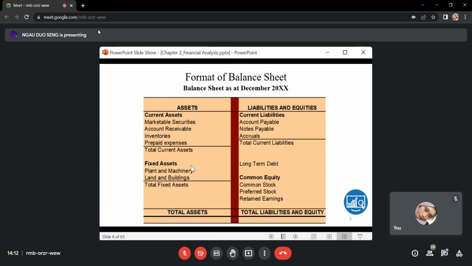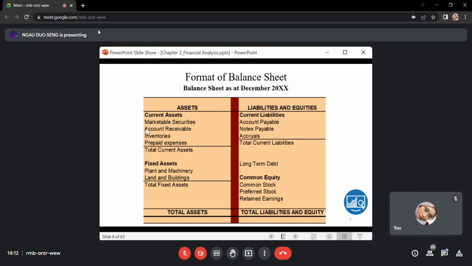Next, we have the format of the balance sheet. You can see balance sheet as at December 2022, for example. On the left-hand side, kita ada assets. Under assets, kita ada current assets, which is marketable securities. Actually, sini ada lagi satu, cash.